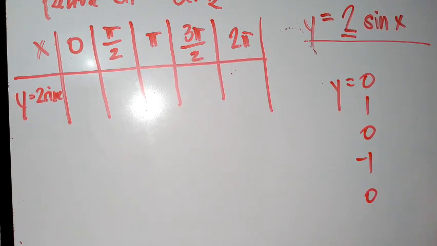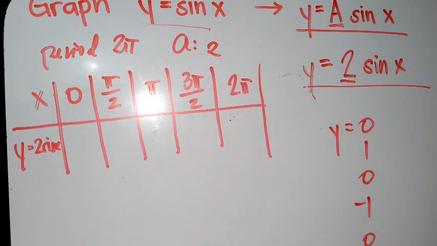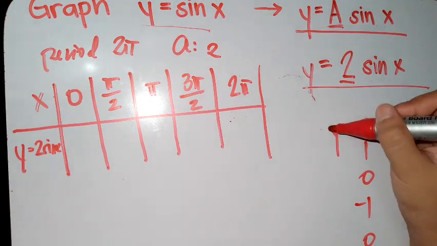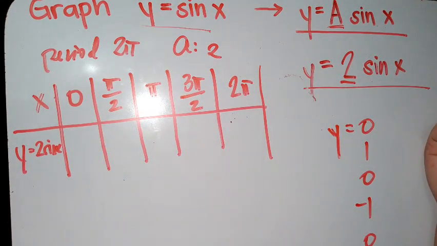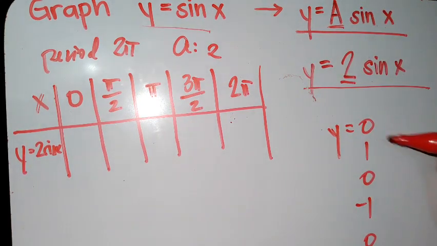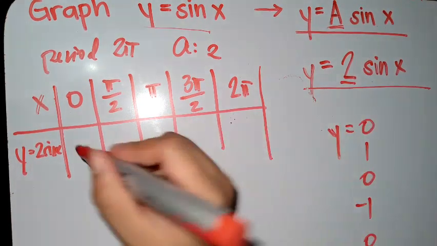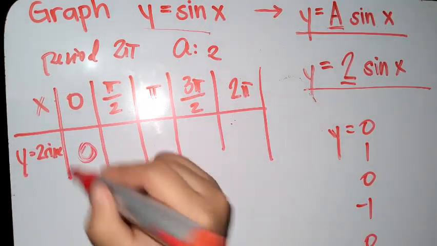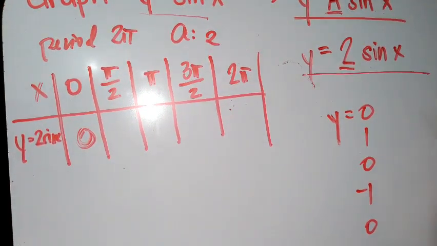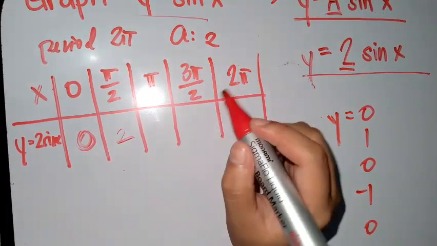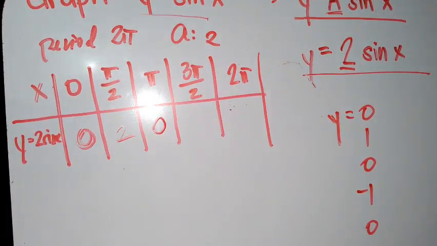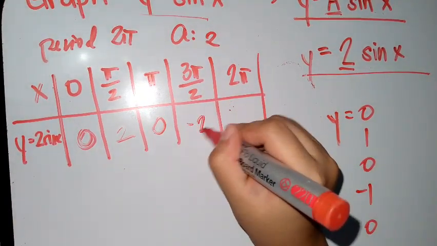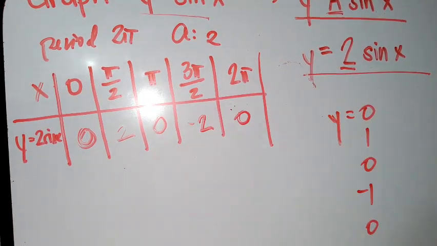All we need to do right now is multiply the amplitude by the y values of the original form. Since the amplitude is 2, we multiply 2 by 0, which is 0. 2 multiplied by 1 is 2, 2 multiplied by 0 is 0 again, 2 multiplied by negative 1 is negative 2, and 2 multiplied by 0 is 0.